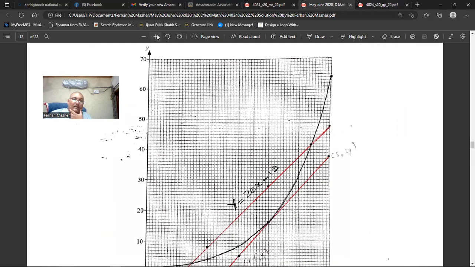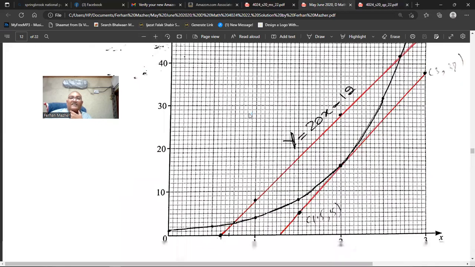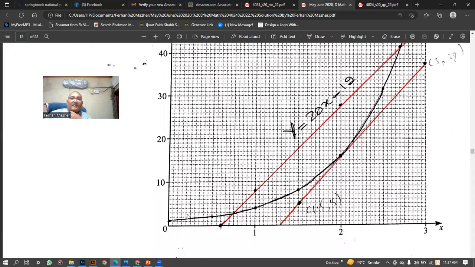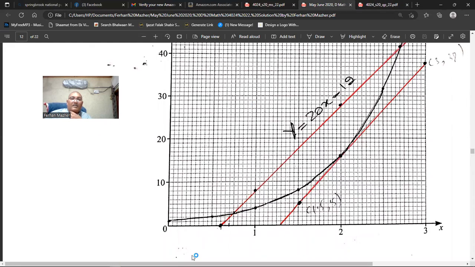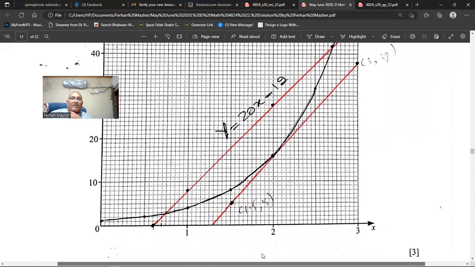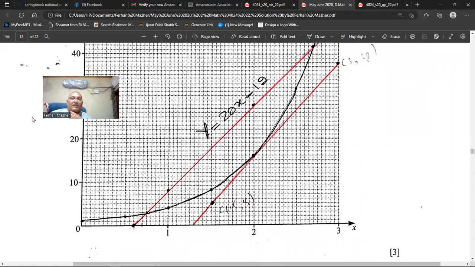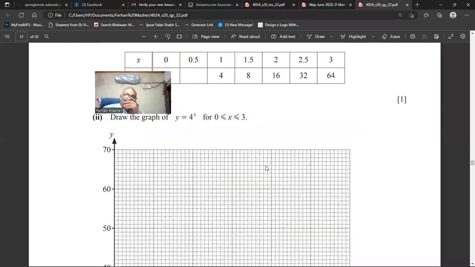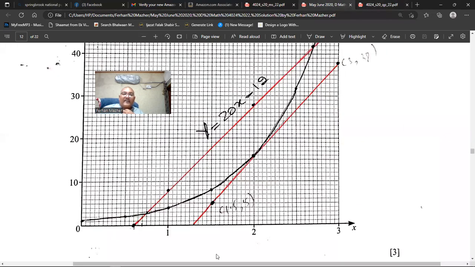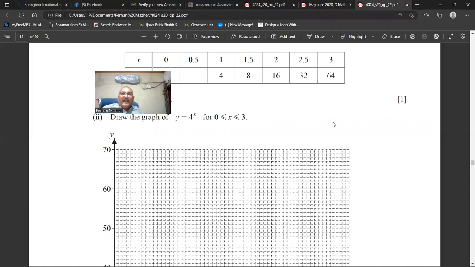Let me increase the size so you can understand it. At 1.5, it will be 8. I'll put this dot. At 2, it will be 16.